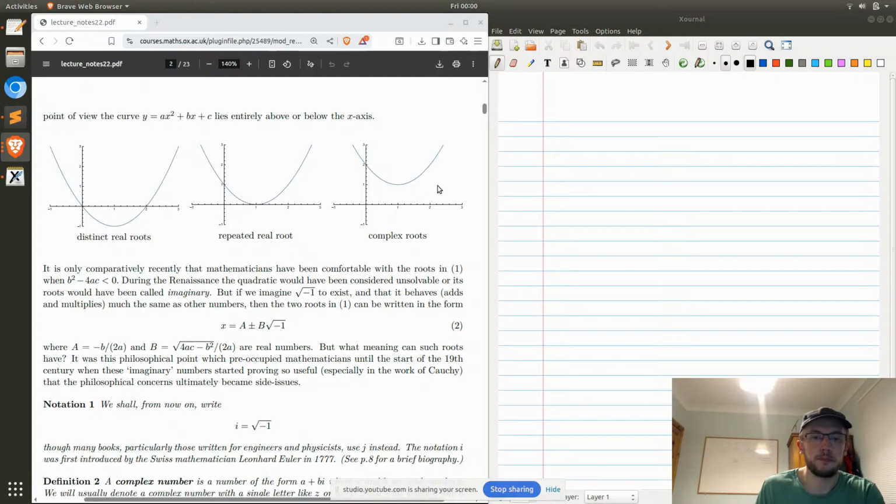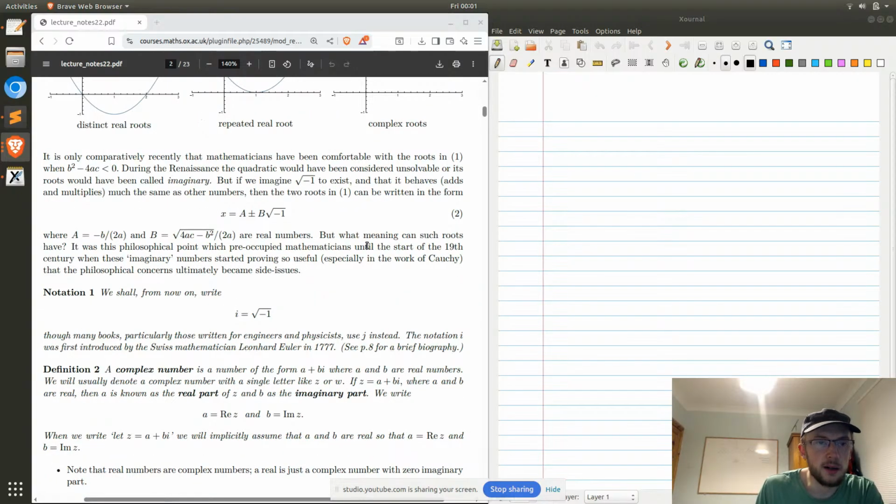So (x minus 1) all squared plus 1, which is x squared minus 2x plus 2. Distinct real roots, repeated real root, and complex roots.